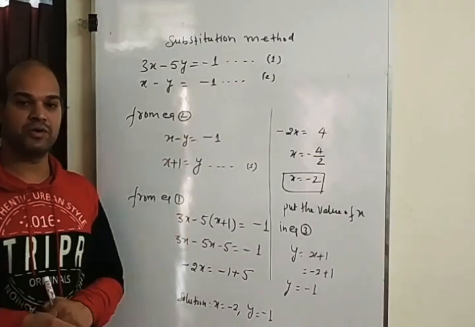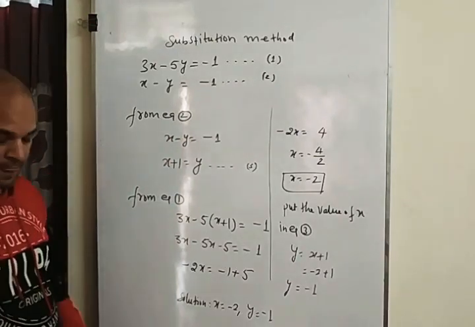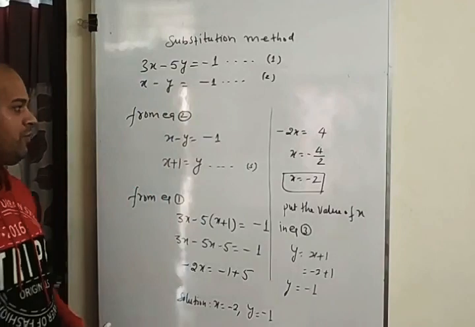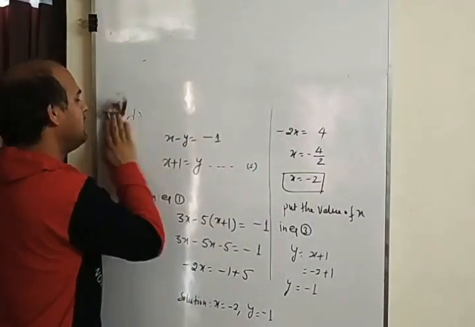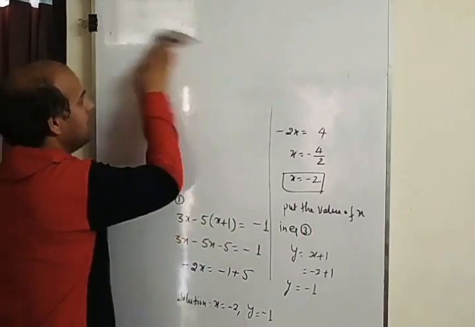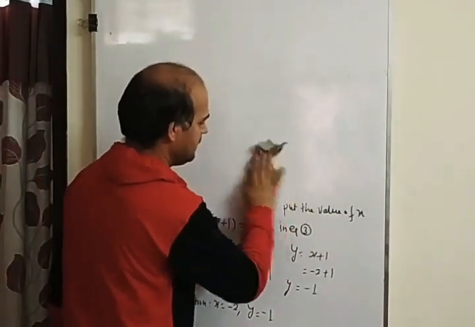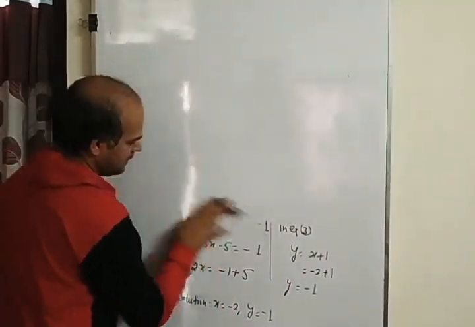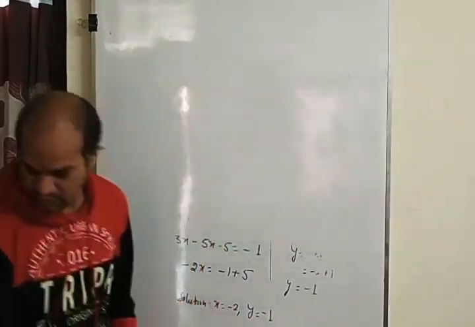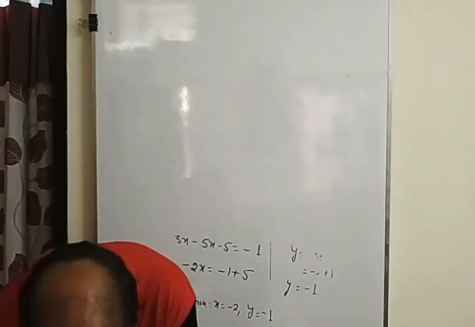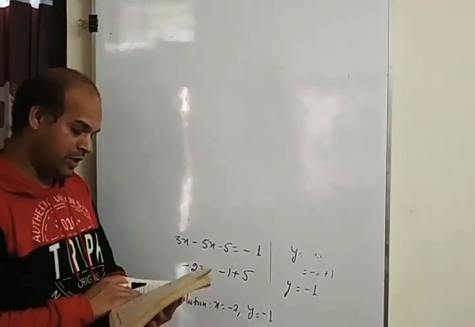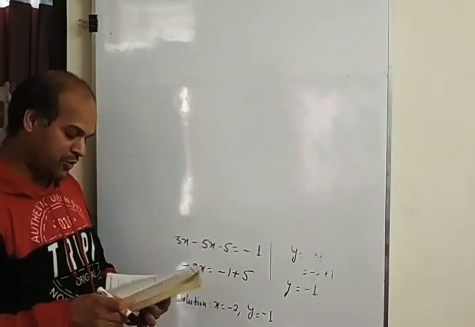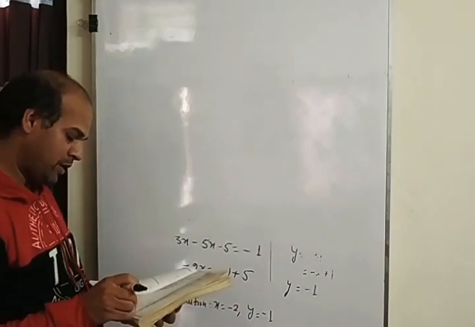I hope you understood the substitution method. I'll take one more example so that you can understand very well. I'll take quite difficult or quite complicated questions so that it will be helpful for you.